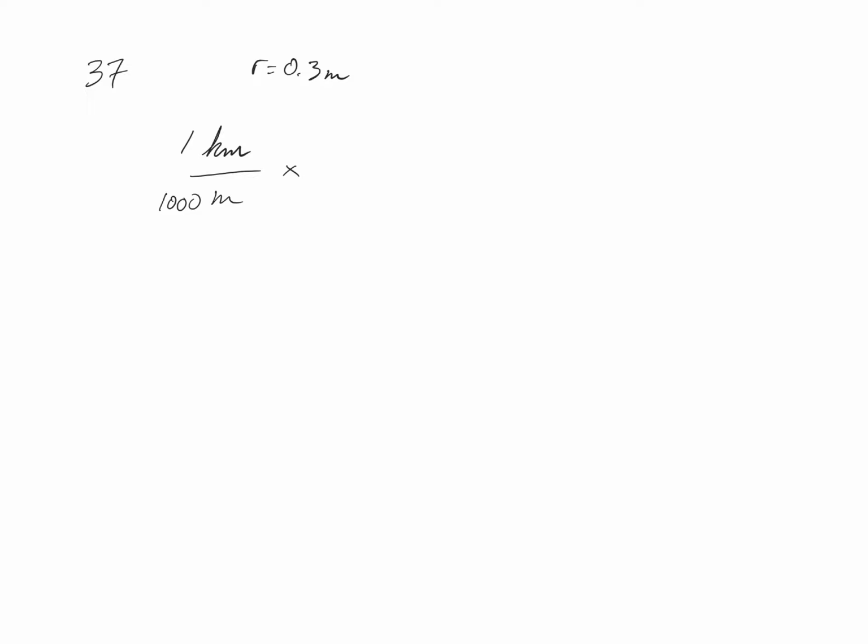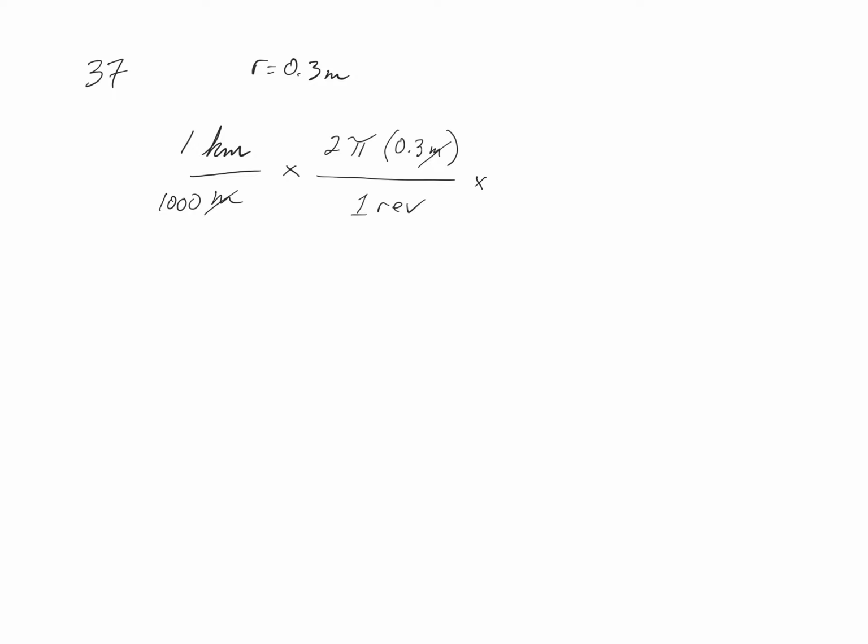Well, we need to now know the circumference of the tire. So the circumference is 2 pi r, which is 0.3 meters. So it's that circumference per 1 revolution. Meters cancel meters.